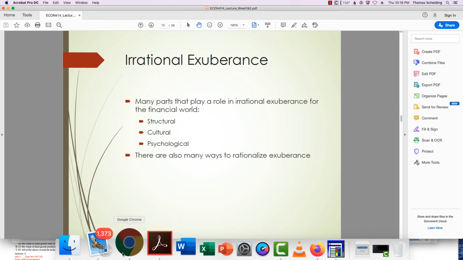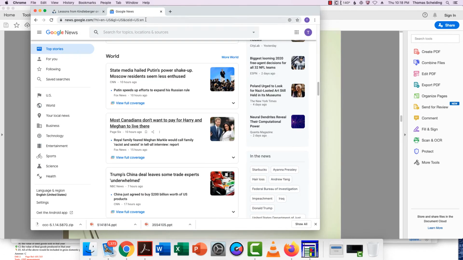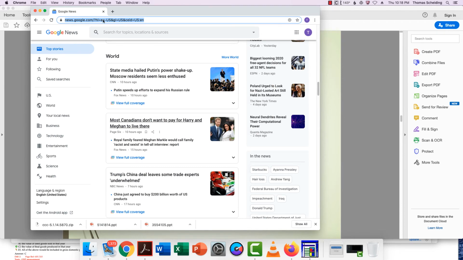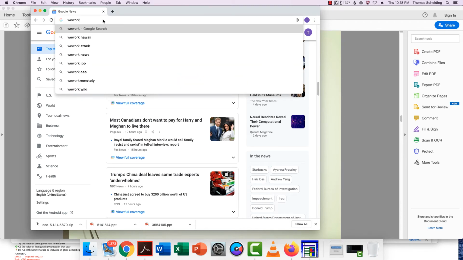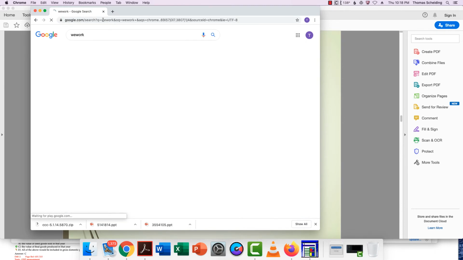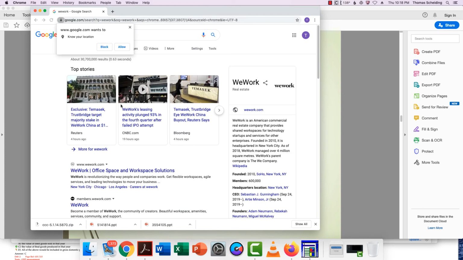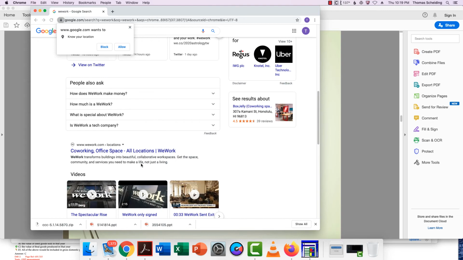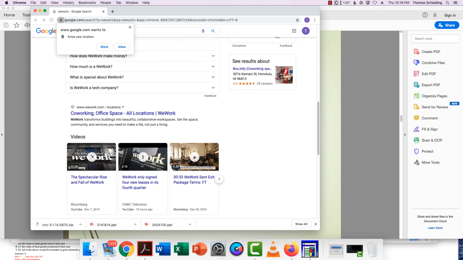If you're not familiar with WeWork, this is kind of an interesting business. What it did is it basically bought large office space, broke it down into smaller parts, and then rented that out to others to make money.